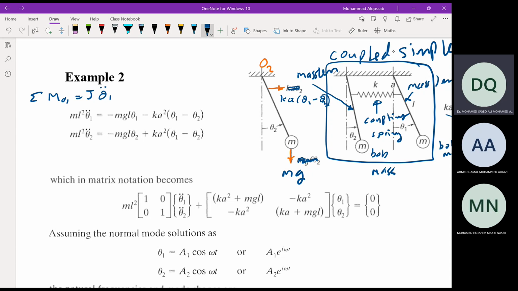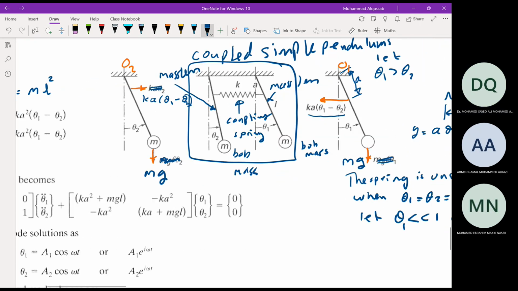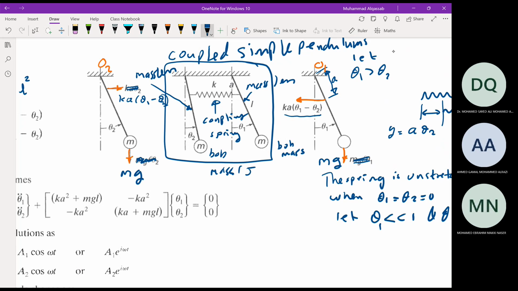And as you know, J for a bulk mass about O is equal to M times L square, because J_CG is 0 for a point mass.